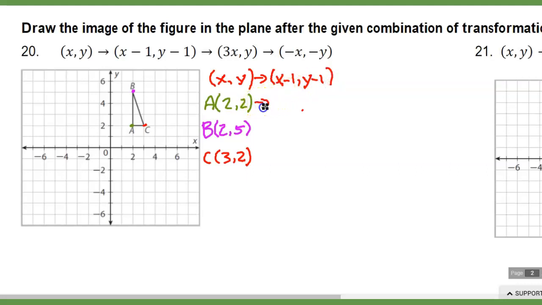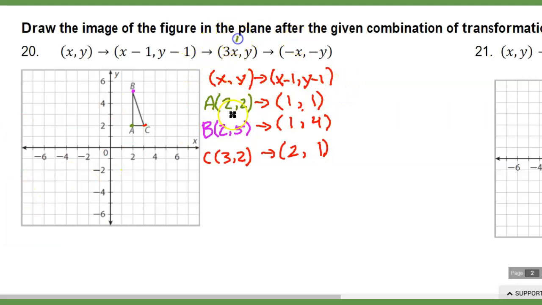So we'll have 2 minus 1, 2 minus 1. So we have 1 comma 1. We'll have 2 minus 1 and 5 minus 1. Then we'll have 3 minus 1 and 2 minus 1. And there's our first round. And we keep going.